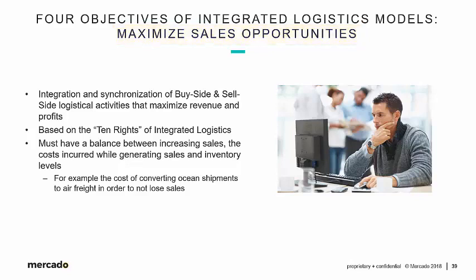In essence, based on the 10 rights of integrated logistics. We're going to list those in just a second. Right product, right place, right time, on and on. While doing that, we have to have a balance between increasing sales, the costs that we incur while generating those sales, and inventory levels.